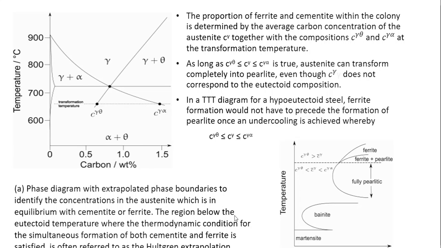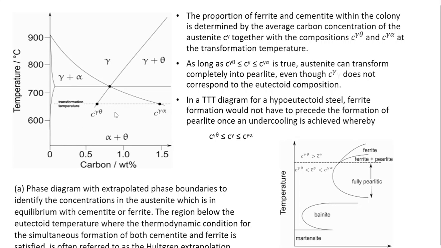The region below the eutectoid temperature where the thermodynamic condition for the simultaneous formation of both cementite and ferrite is satisfied is often referred to as the Hultgren extrapolation region. You can extend the boundaries like this here, similarly like this here.